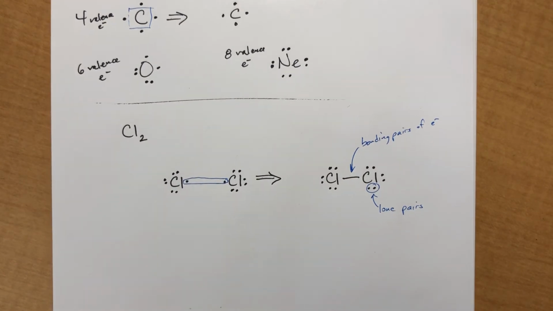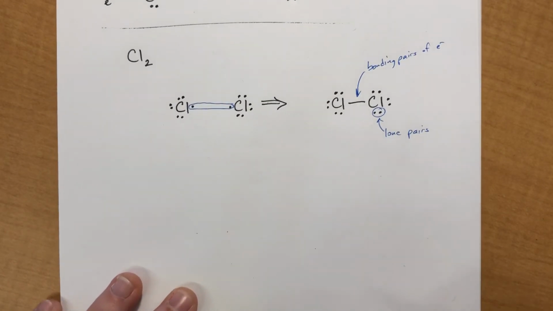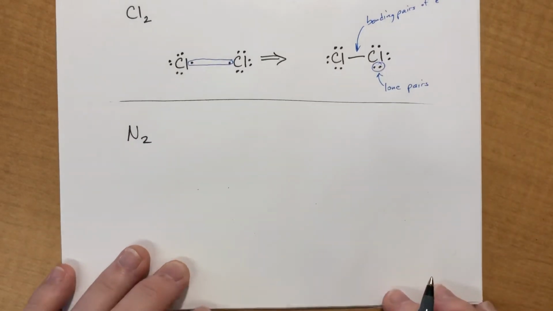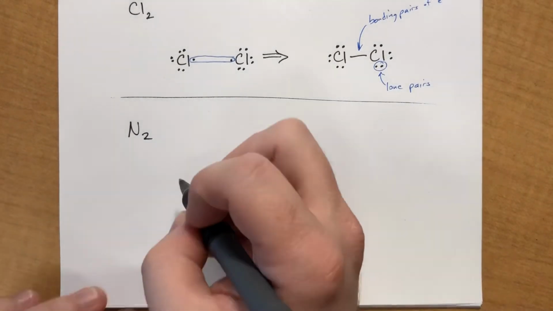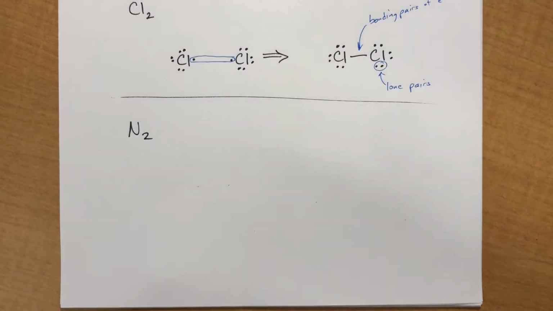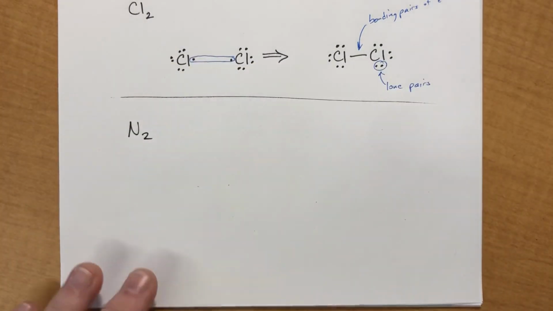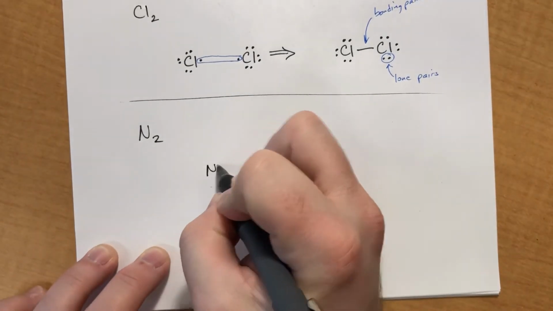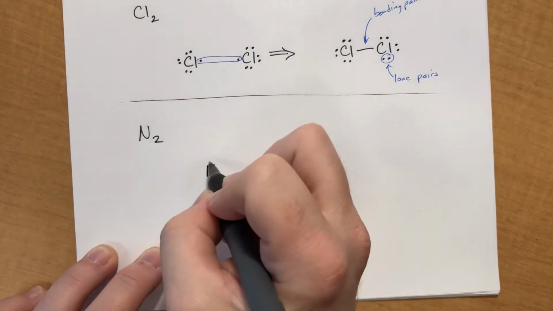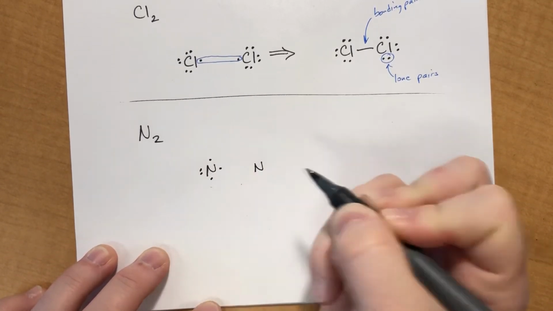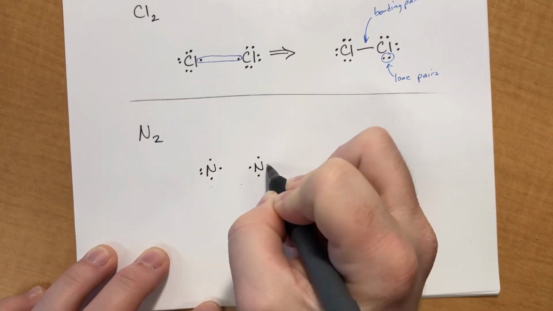If we try this for something like nitrogen, nitrogen is also diatomic. Nitrogen is in column 5A, so that would be 5 valence electrons. We have 2 of them, 1, 2, 3, 4, 5 and 1, 2, 3, 4, 5.